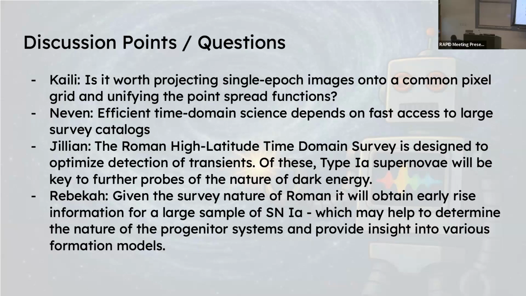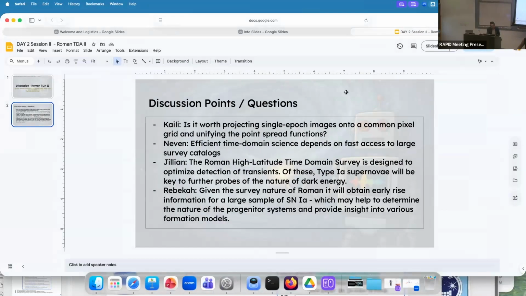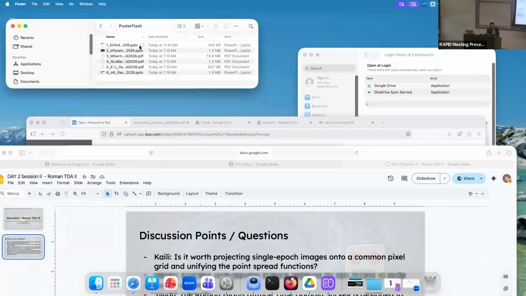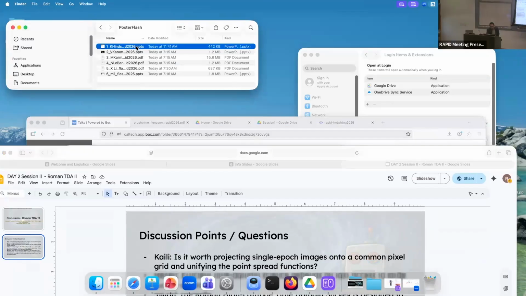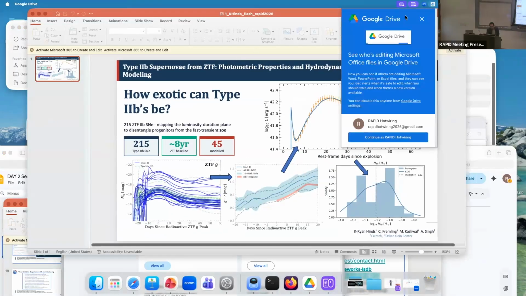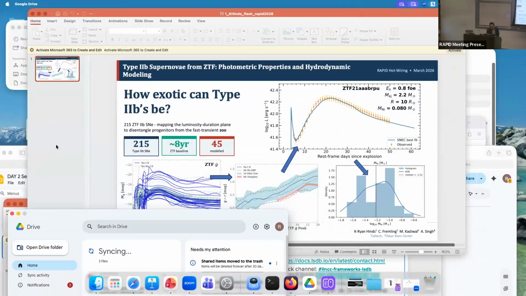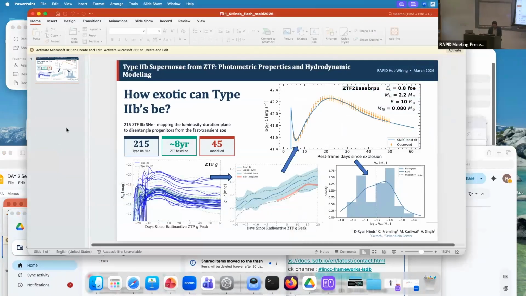It's actually just a raise of hands. Now you've seen talks from the rapid session and the Supernova Ia session pits. This might be the first introduction to some of you. Rebecca said it, what other things should we do?